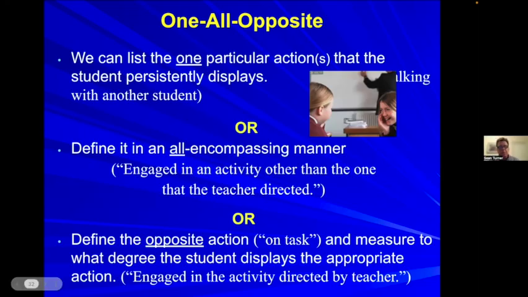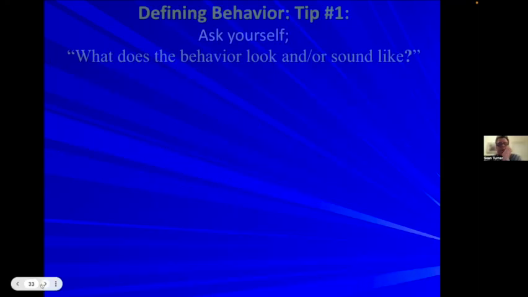But right now, for part 1, what you might be measuring is off-task behavior, however you define that, the behavior you want to decrease. But when you get to part 2, you're going to flip that by saying the opposite action. So off task would then become on task.